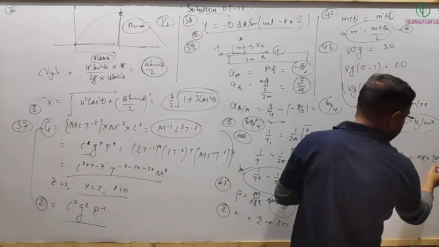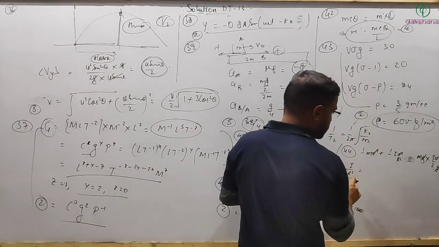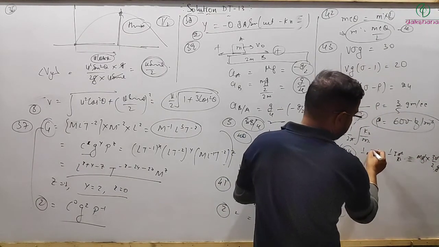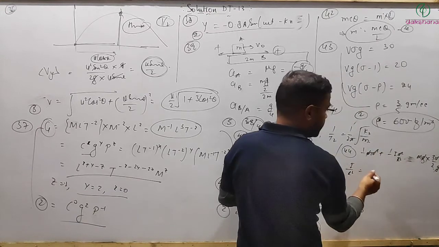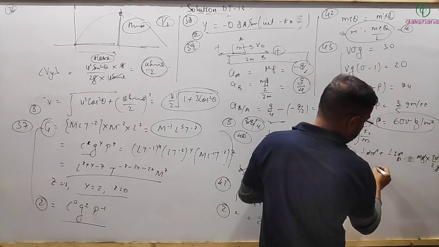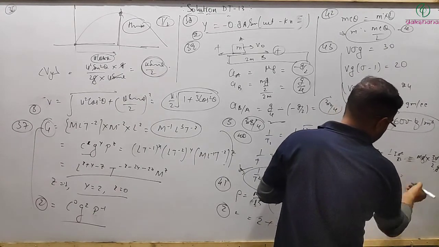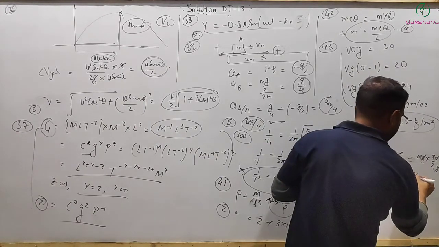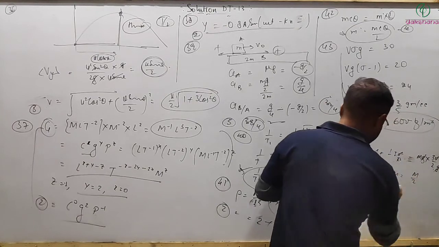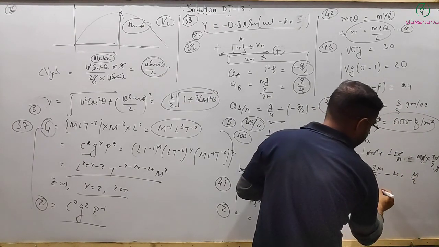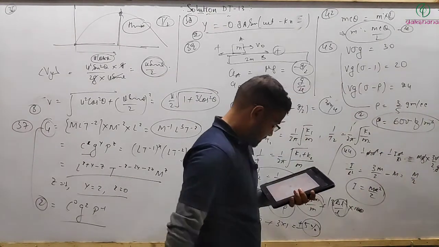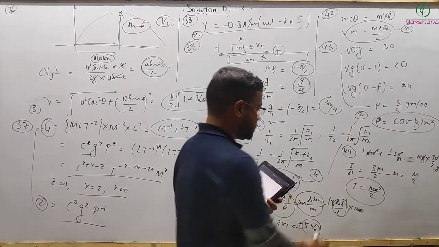Then m will not be cancelling out, so m goes to that side: 3m by 2 minus m is equal to m by 2, and this implies I is equal to m r square by 2, and that's the moment of inertia. That's matching with option number 2.